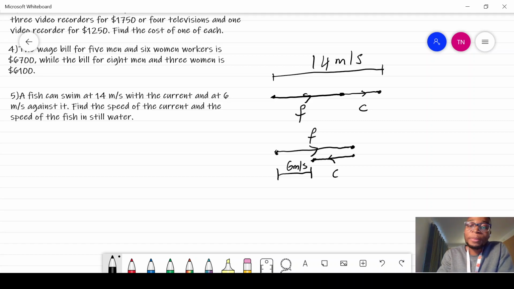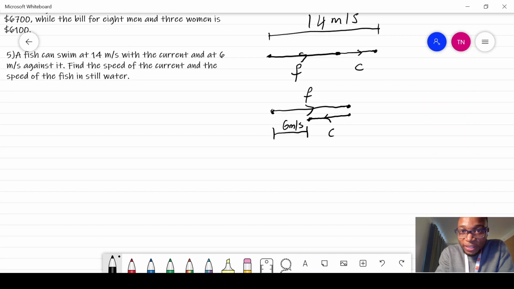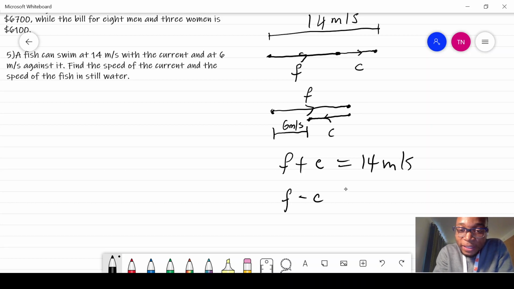From these two diagrams, we can come up with two equations. In the first one, f plus c gives you 14 meters per second. In the second one, f minus c gives you 6 meters per second. I don't even need to put the dimensions on these equations.